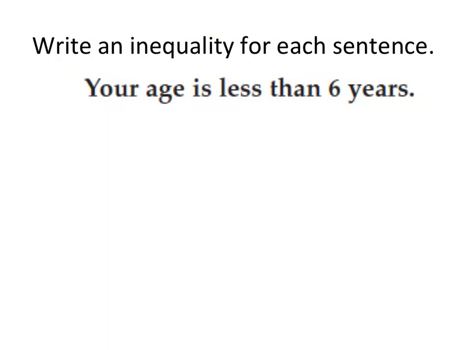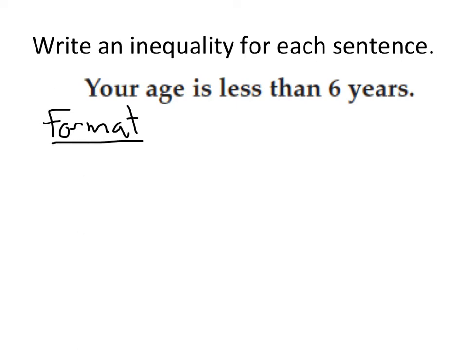Alright, write an inequality for each sentence. This sentence says your age is less than 6 years. Before we begin, let's talk about the format that we should be using. This will help us in the future when we're dealing with more complicated inequalities.